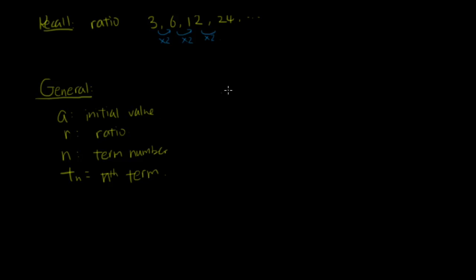So imagine this. Let's set up a table. We have n over here, and we have the number over here. So we have n equals 1, 2, 3, and 4. Let's do that first.